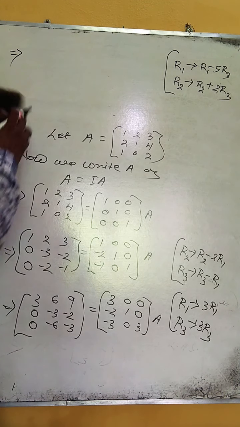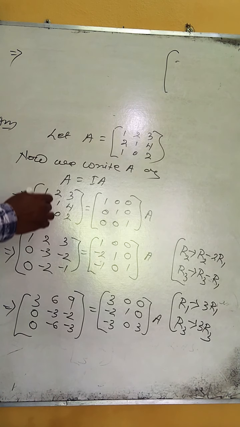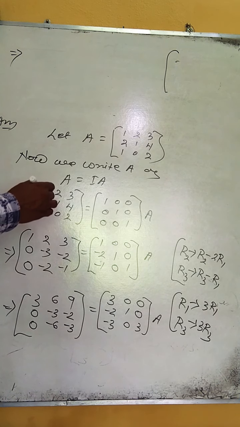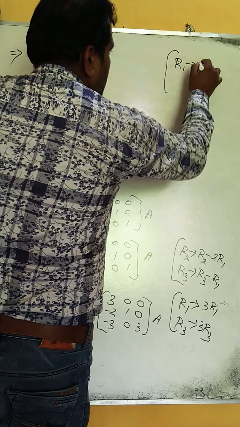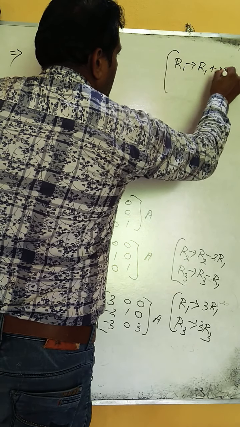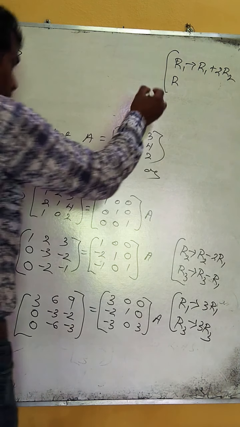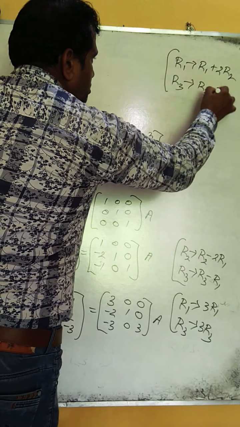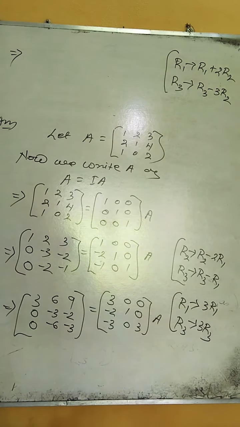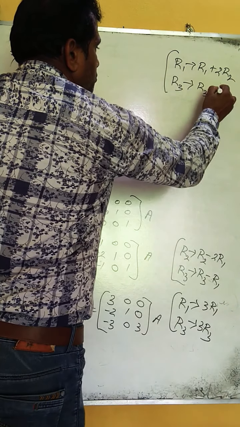Sorry, that is R1 becomes R1 plus 2R2, and R3 becomes R3 minus 2R2.